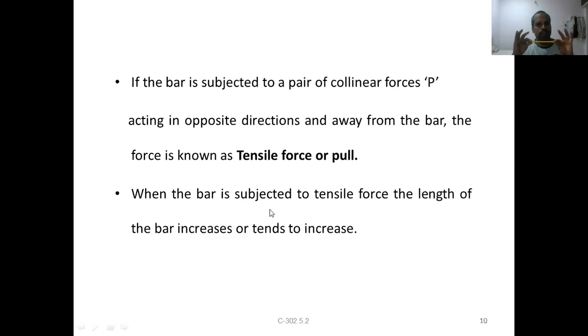But it is trying to increase, means tends to increase. This force is trying to pull the member away, both sides pulling like this. That is trying to increase the length.